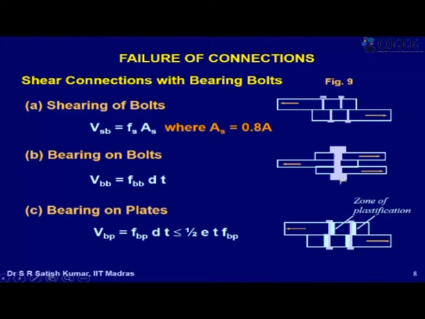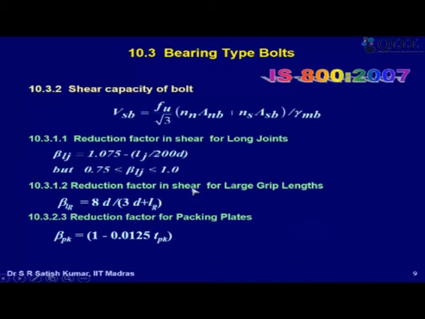Again, I don't want to complicate the analysis by considering bending. So I apply a reduction factor for shear for large grip lengths. If my Lg is greater than, let's say, 5 times d, then beta Lg will be less than 1. So 5 times d plus 3 times d, 8d, divided by something larger than that would give me beta Lg less than 1. That's how we have to understand it.